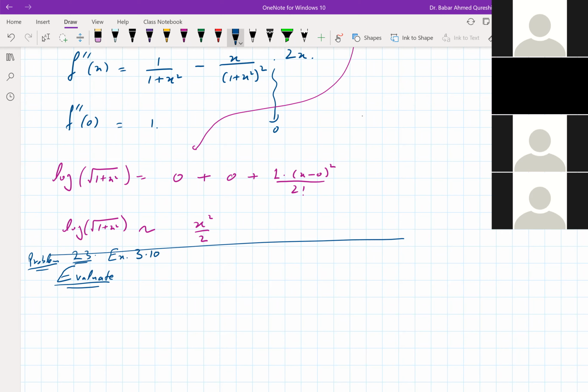Evaluate 1.999 to the 4 by using linear approximation.